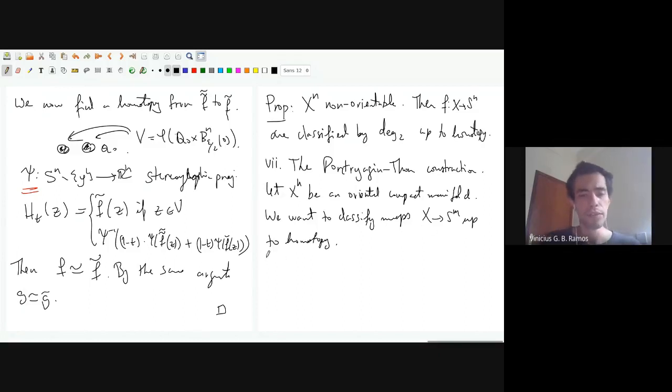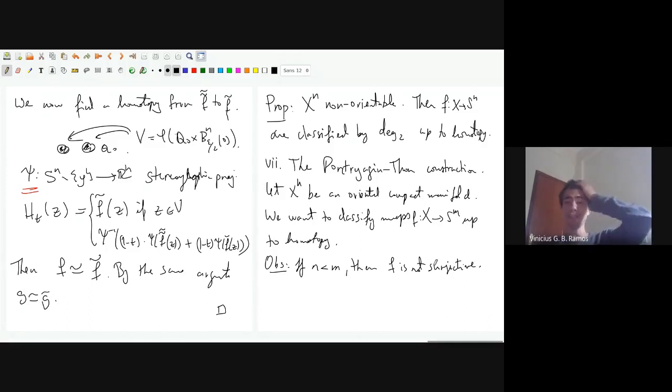First of all, an observation: if n is less than m, then the image cannot be everything, because the set of regular values is dense. So, calling the map F, F is not surjective.